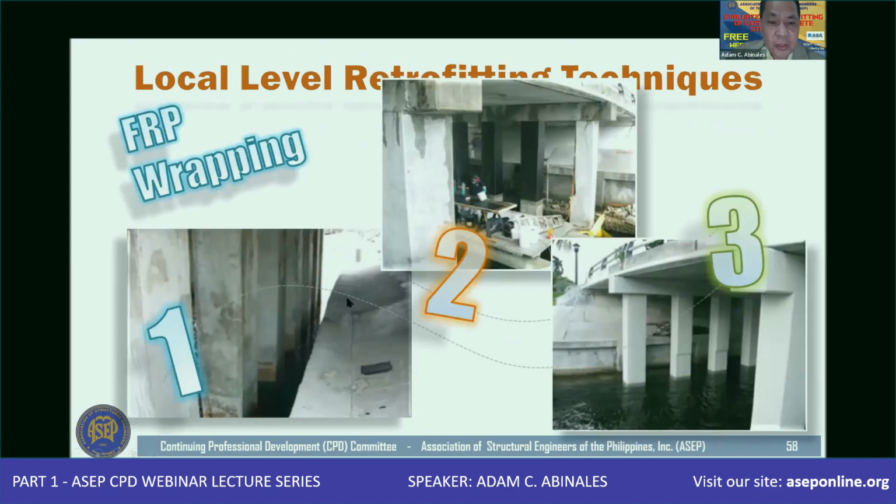Now, what you can see here are some illustrations of structures that were fiber wrapped. Say, for example, you have these piers of a bridge, wherein you have a series of columns here, and then they apply this retrofitting, or rather this strengthening using FRP, and now this is the finished job.